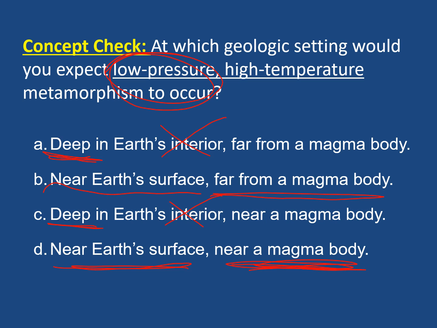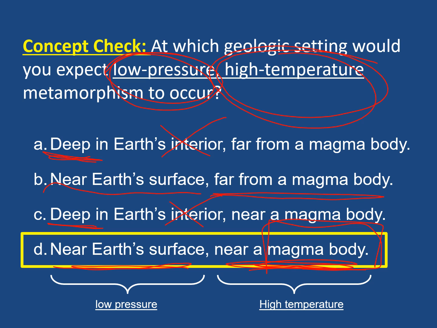And if we're near a magma body, temperature is going to be high. So, of course, the correct answer is D. Near Earth's surface, near a magma body is where we have both low pressure and high temperature conditions. It's, again, near magma bodies that we get a style of metamorphism known as contact metamorphism.